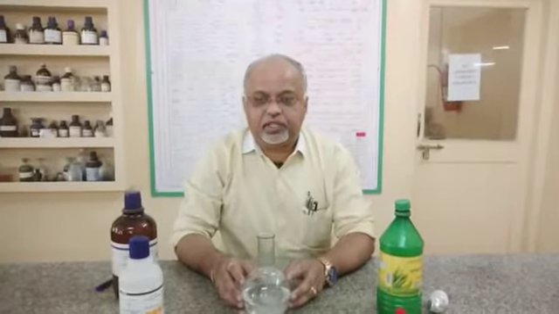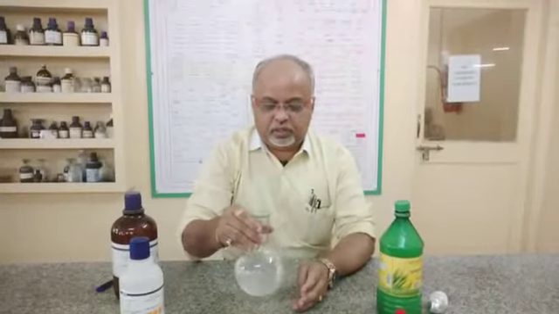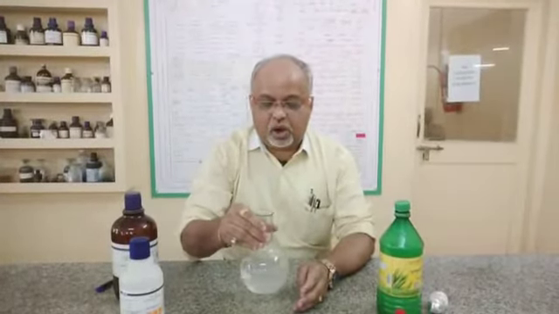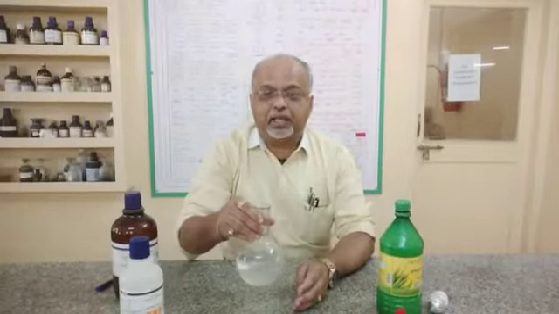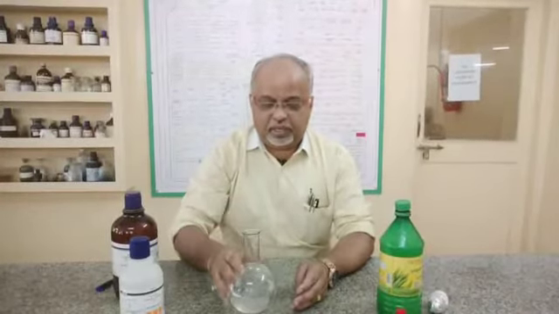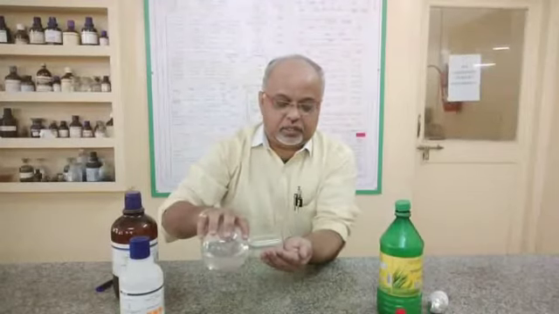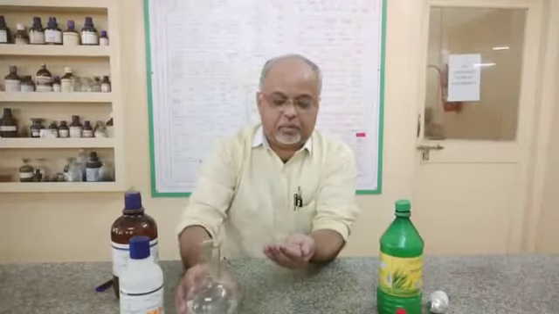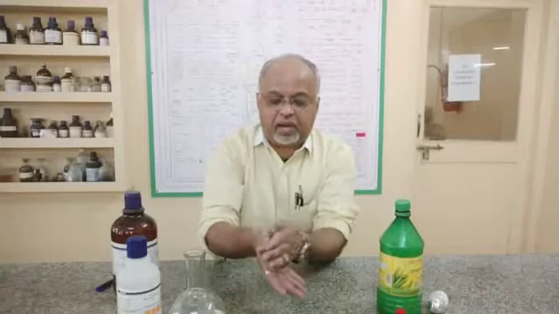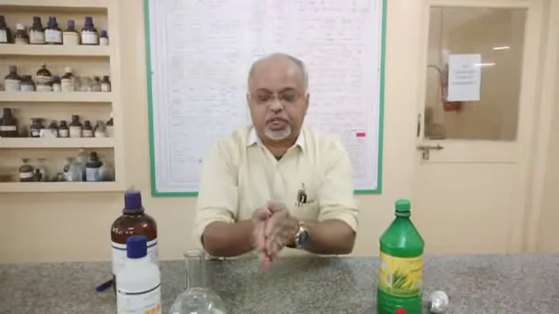Now the next thing is, we have the sanitizer with us, but how effectively can we apply it for sanitization purposes? I am taking a little bit of this sanitizer on the palm of my hand, and I am rubbing both palms on each other.